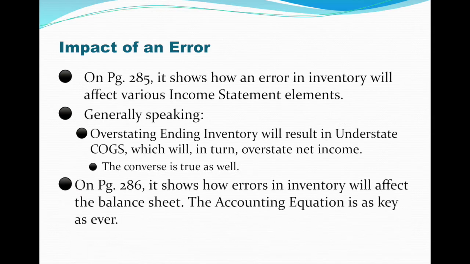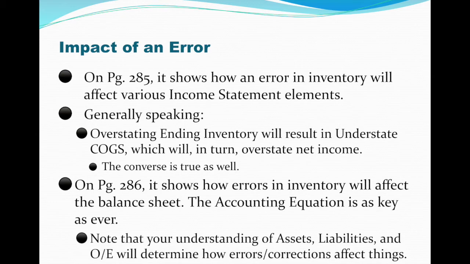Now page 286 in the book is all about how errors affect the balance sheet. And in this case, the accounting equation is as key as ever. The table that they give you is not ironclad, it will not always be this. It just shows how the general effects work.